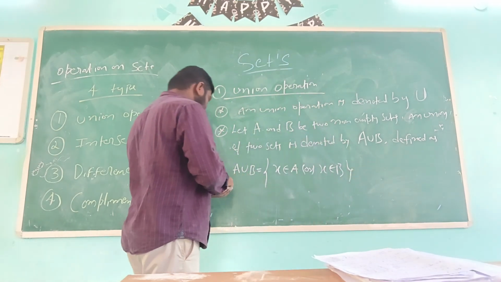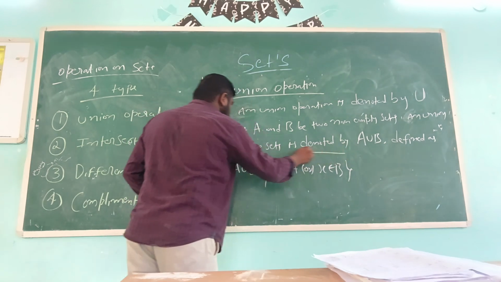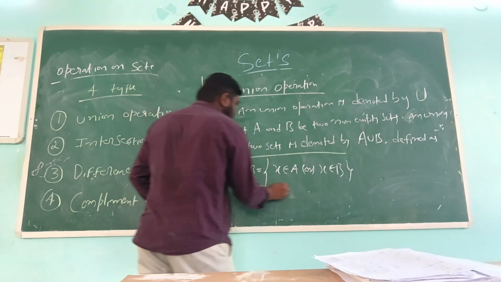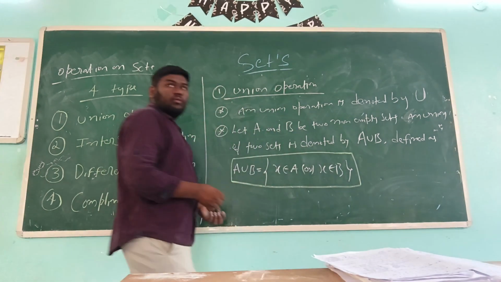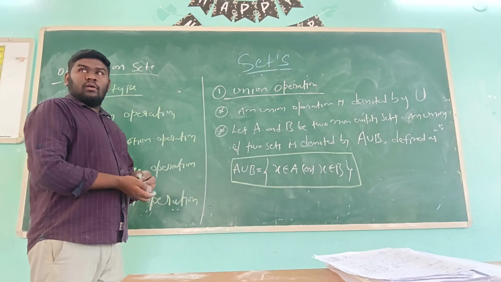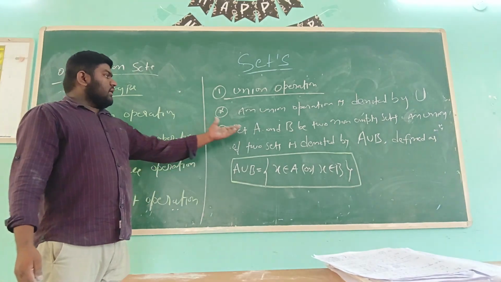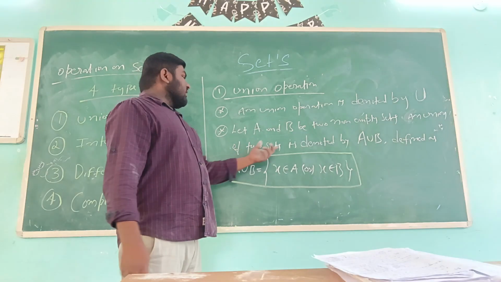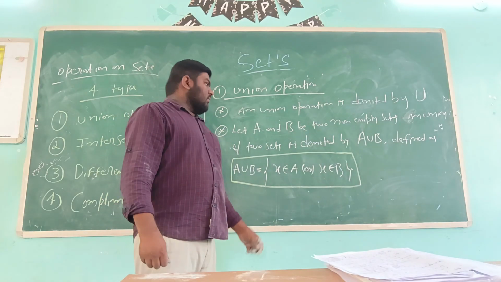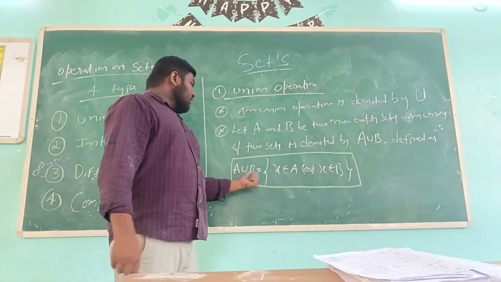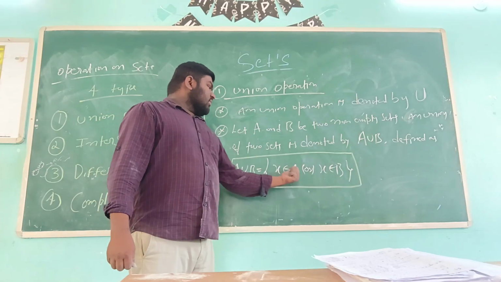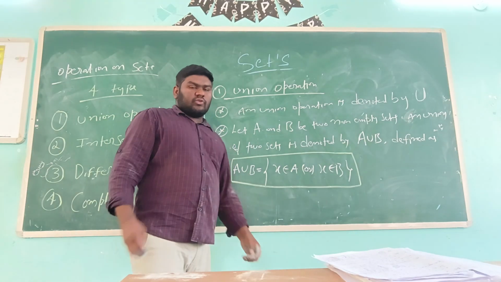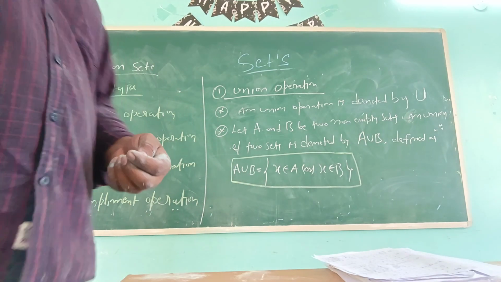Very, very important. This is called the union operator. Let A and B be two non-empty sets, and the union of two sets is denoted by A union B, defined as x belongs to A or x belongs to B.